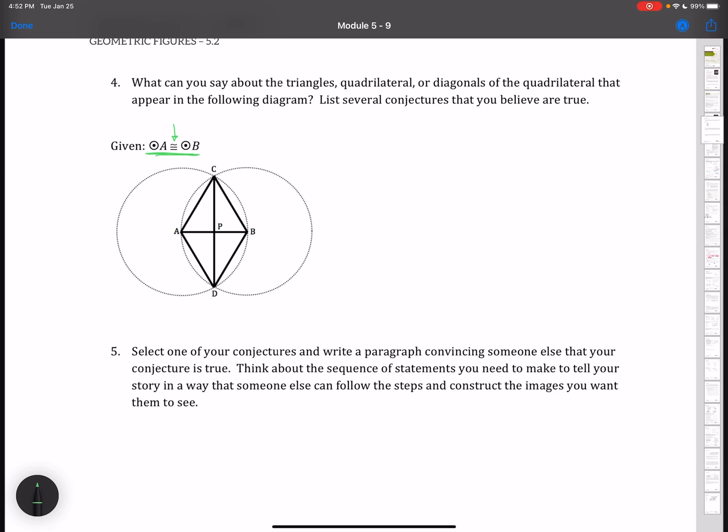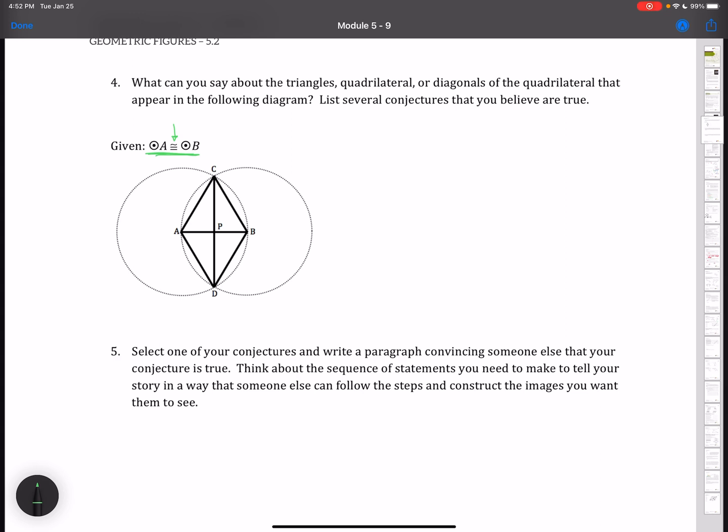So circle A is a shape that is congruent to circle B rather than equal to circle B. We can say parts or things about those shapes are equal to each other. So we could say a degree measure of that circle is equal to each other, or the measure of the radius is equal to each other, but the actual radii themselves would be congruent, right? But the distances of those radii would be equal.